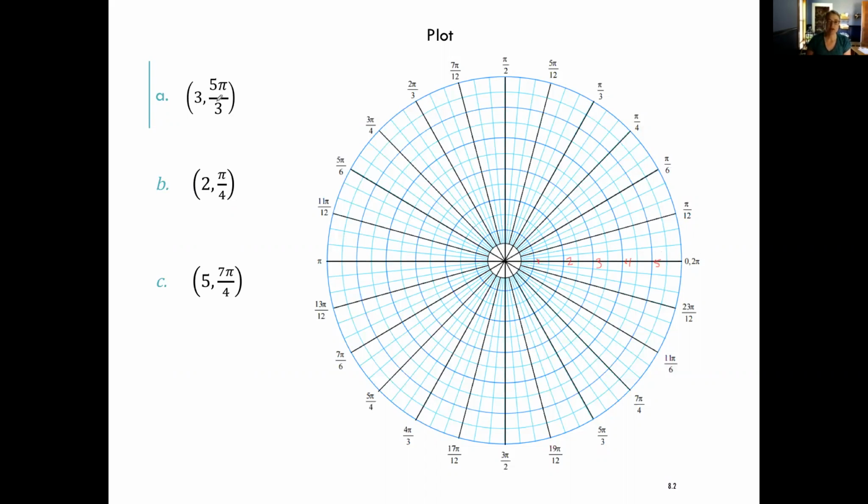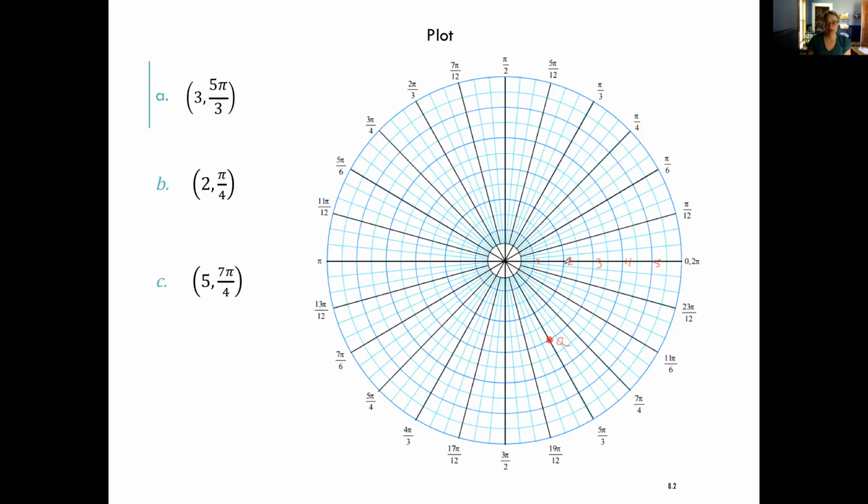So the point (3, 5π/3): remember, 3 is my radius, 5π/3 is my angle of inclination. So 3 puts me on this circle, and then I go out to 5π/3, which is clear down here. That is my point A.